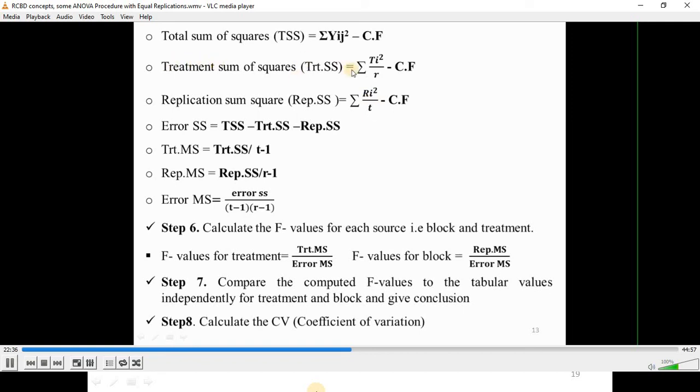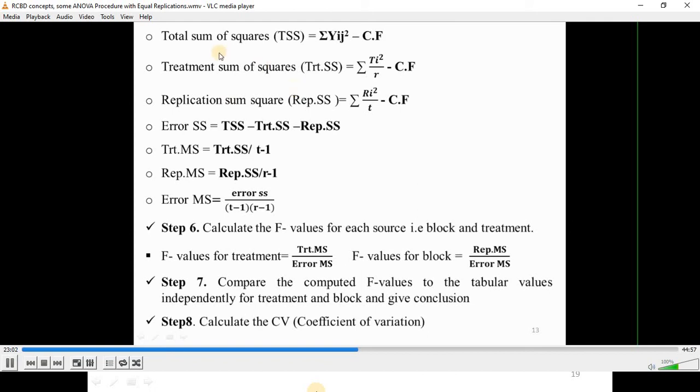In case of treatments we use replication as the denominator, and in case of replication sum of squares we use treatment as the denominator, and from each value the correction factor is subtracted, and we get each value.